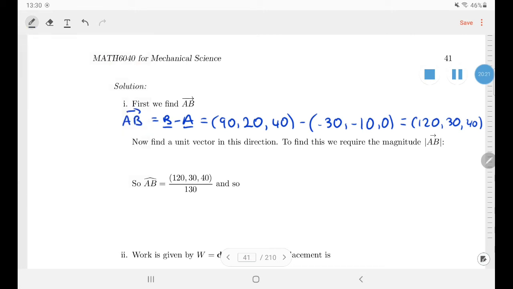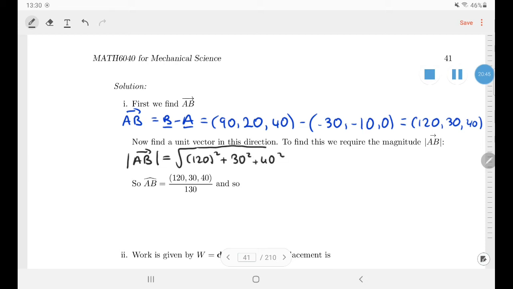Now we want to get the vector of length 1 in the same direction. If you want a vector of length 1, you take this and divide it by its own length. So we have to find the magnitude of AB. Pythagoras says it's the square root of the sum of the squares: 120 squared plus 30 squared plus 40 squared.